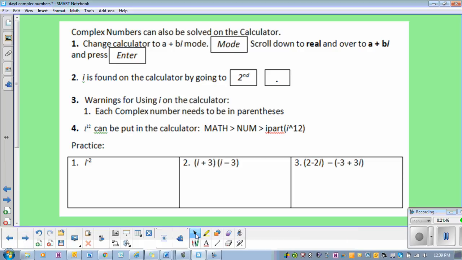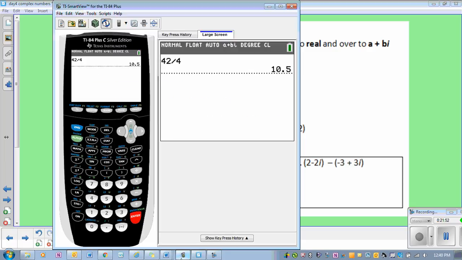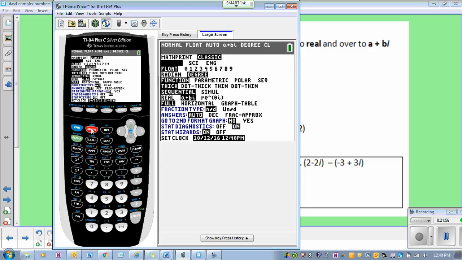First off, whenever you get a calculator, at any point, if it's not your own, go to mode. So go to mode. Everyone, please do this. Make sure that your a plus bi is highlighted. Not real, but a plus bi. You want your calculator to identify imaginary.